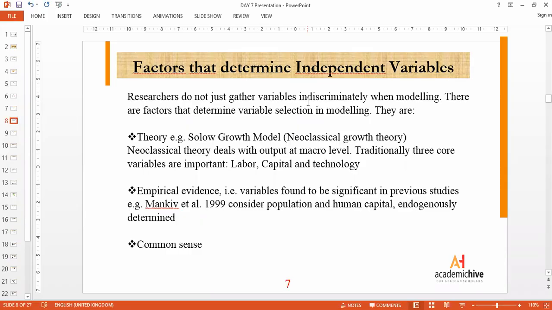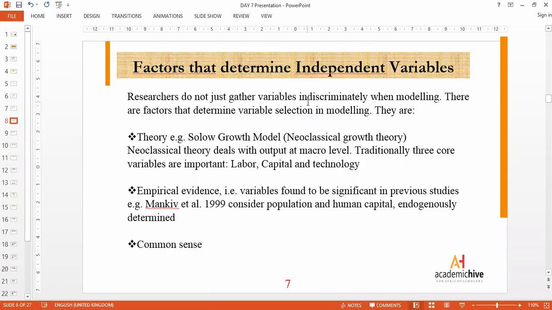And then finally, you can have just common sense, okay? So let's say you want to see the effect of child labor on the academic performance of the child. You're working on an economy where child labor is a problem, and you want to see how it affects the academic performance of the student.